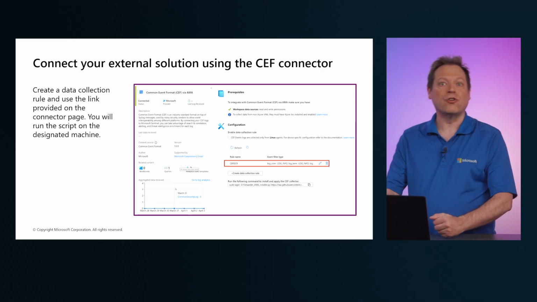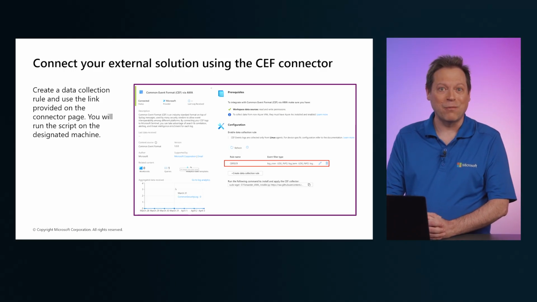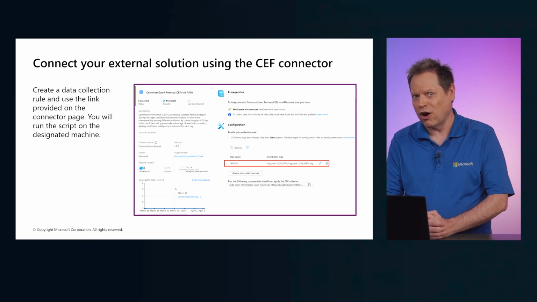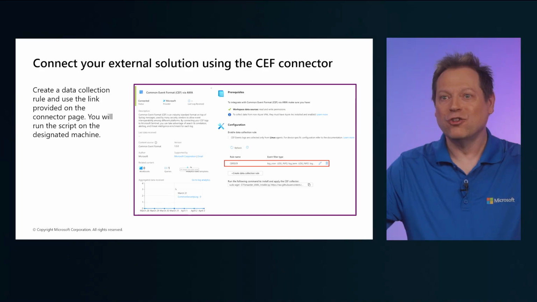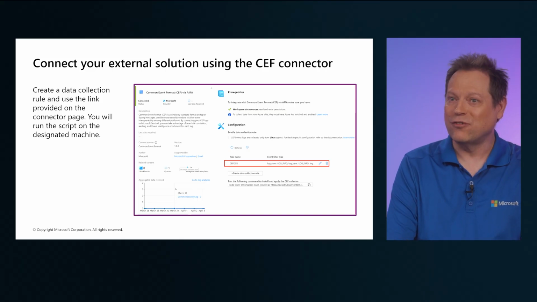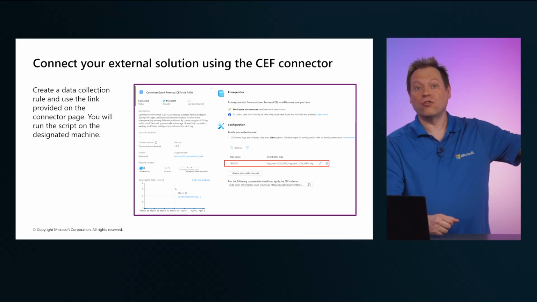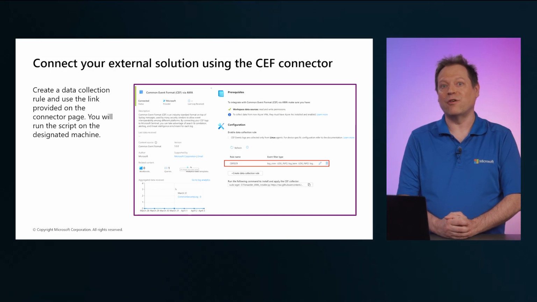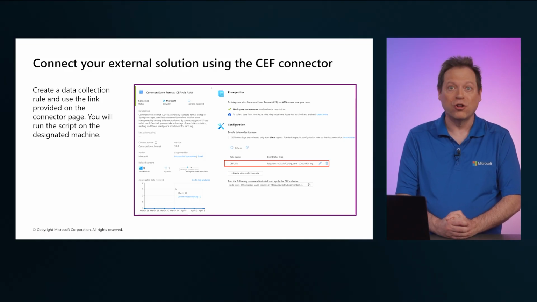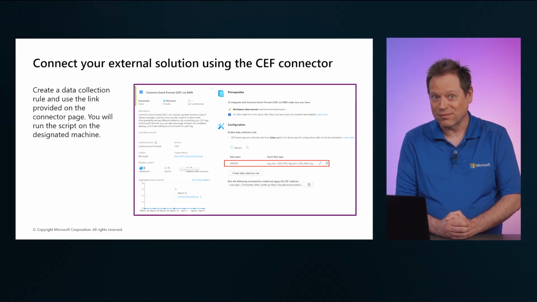At the same time, the script configures the Syslog daemon, such as rsyslog or syslog-ng, to listen for Syslog messages from your security solution on TCP port 514, and then forwards only the messages identified as CEF to the agent locally on TCP port 25226.